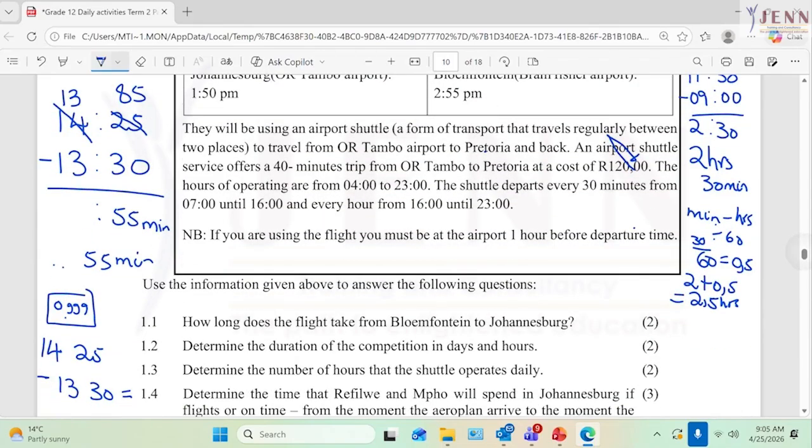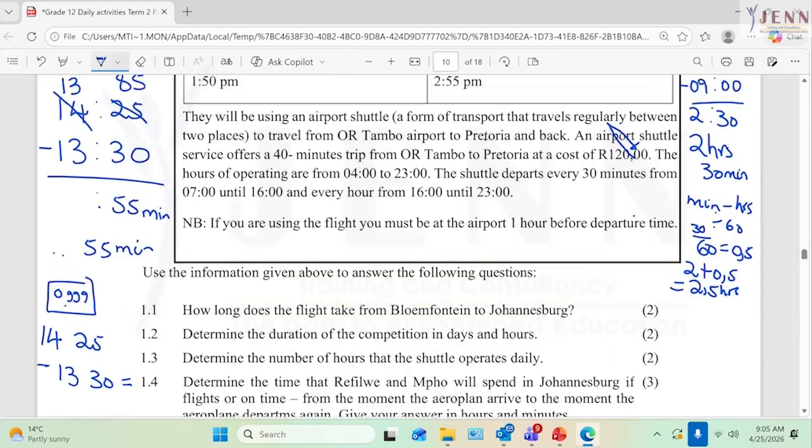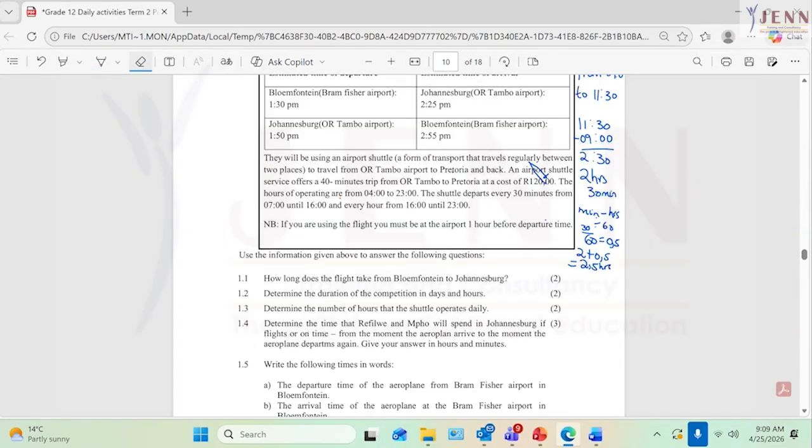The next question is, determine the number of hours that the shuttle operates daily. Remember, it starts at 4 o'clock to 11 o'clock in the evening. So the time that the shuttle operates, this is how we do it.